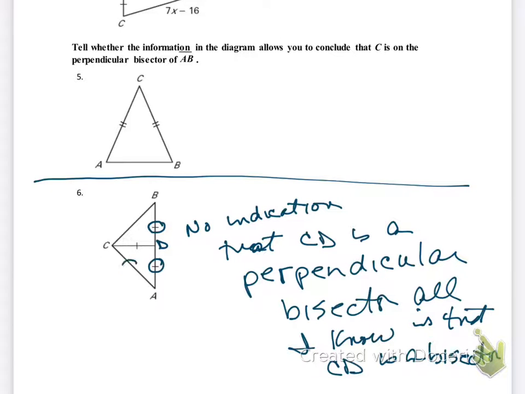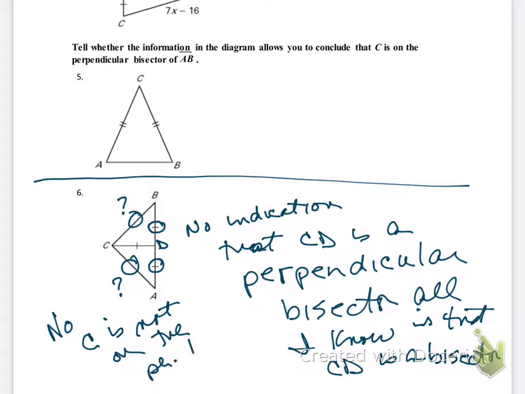So I have no idea about these, and therefore no. C is not on the perpendicular bisector. Okay, I would have had to be told that these two question marks were equal. And since I wasn't told that, I can't assume that they are equal, and I don't see a marking for a right angle. So therefore, that's a no.